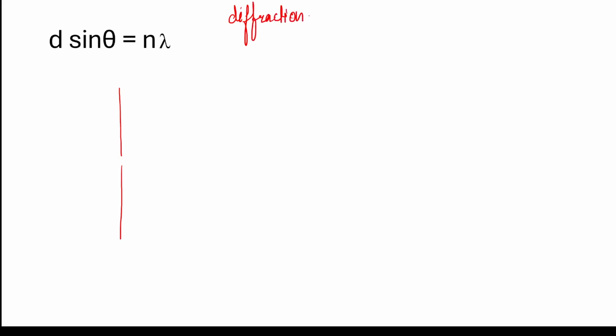A diffraction grating is when we produce around 10,000 slits in 1 millimeter or 1,000 slits in 1 millimeter. That close. So a diffraction grating is when you have a number of slits. So this small space has lots of slits.